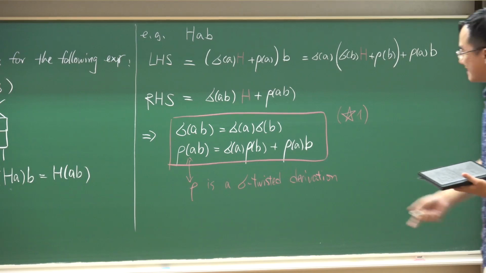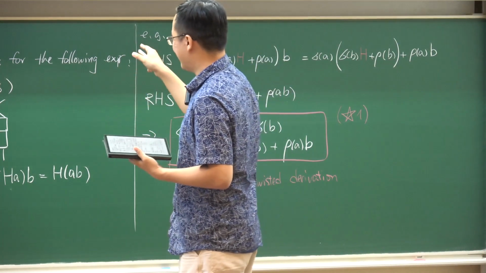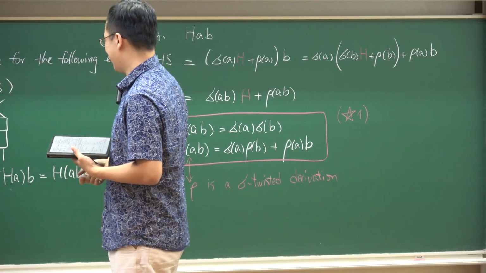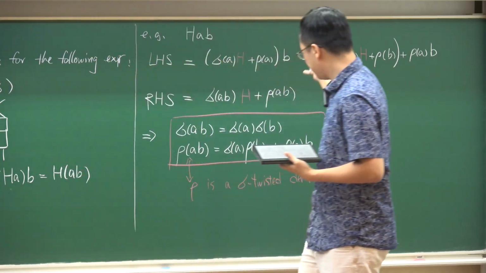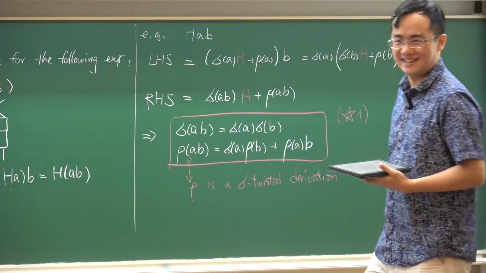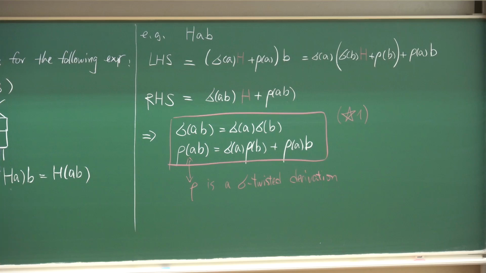Okay, so we can write down the conditions for all these guys. Some of them are meaningful, like this one, but there are some other ones which are really nasty. So let me give you an example where I cannot really explain what that is for.